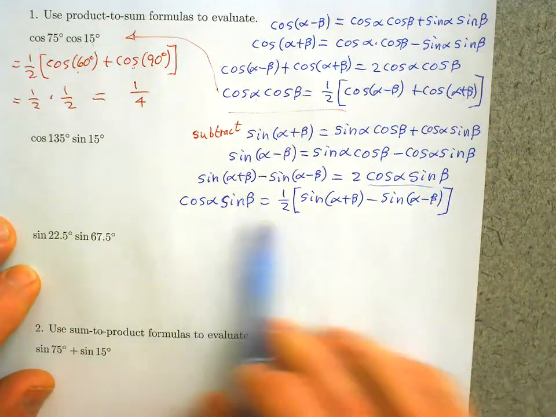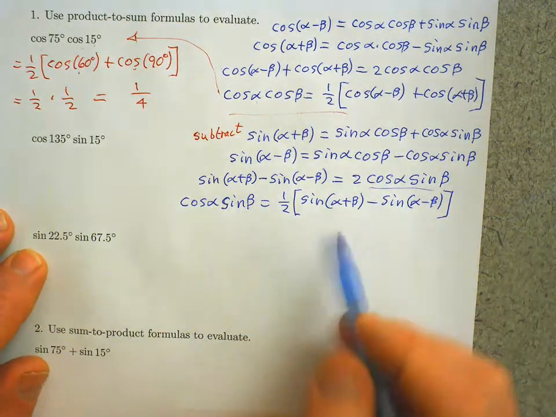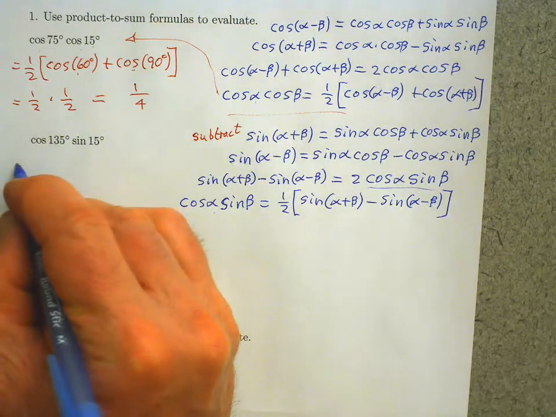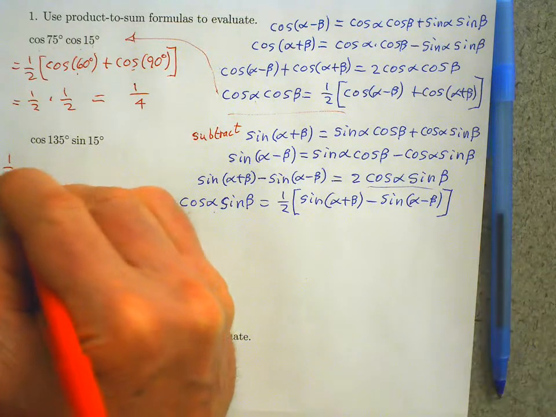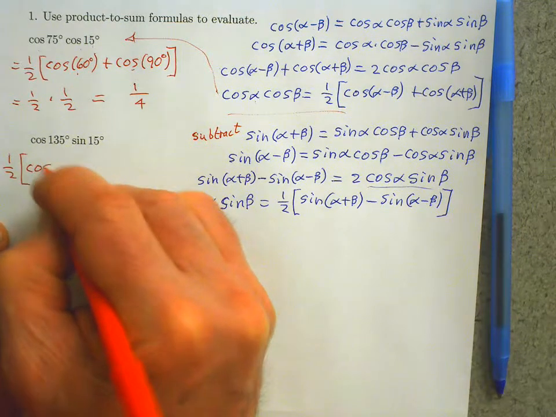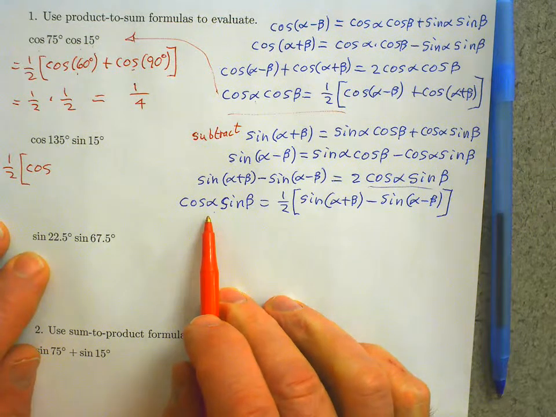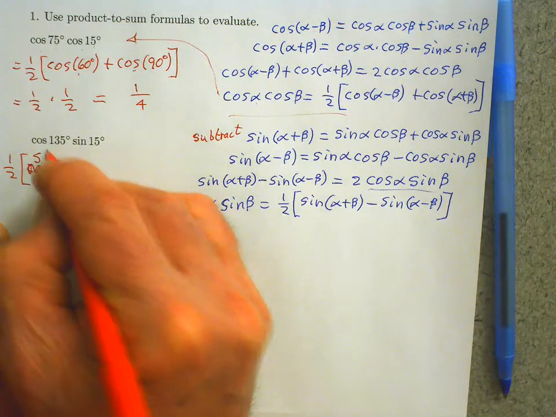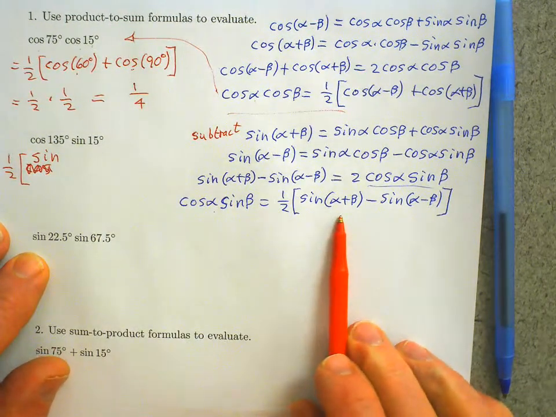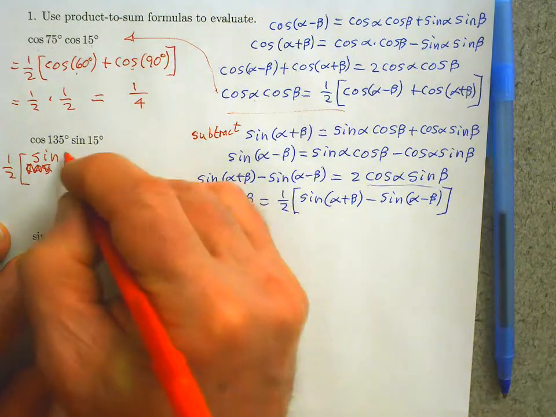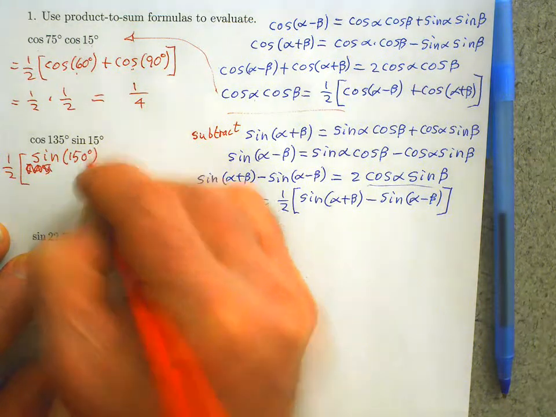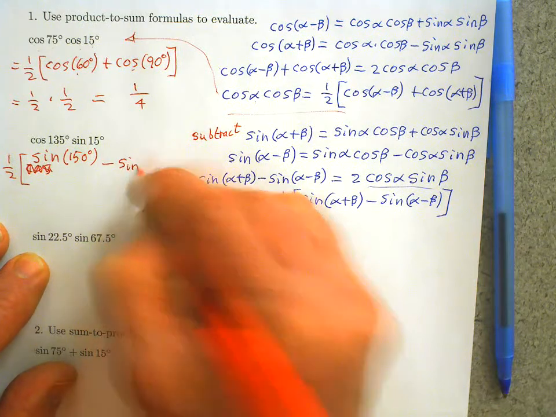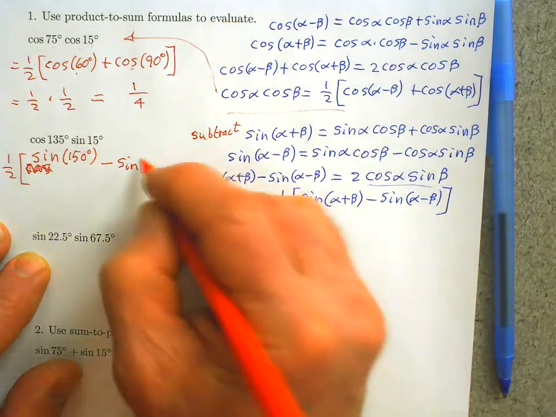Okay, so if we use this formula, alpha is 135 degrees, beta is 15, we get 1/2 of sine of 135 plus 15 is 150 degrees, and then minus sine of 135 minus 15 degrees is 120 degrees.